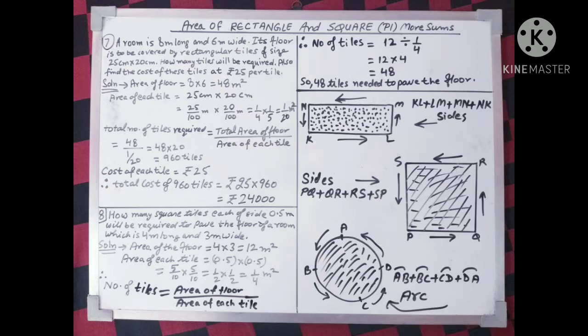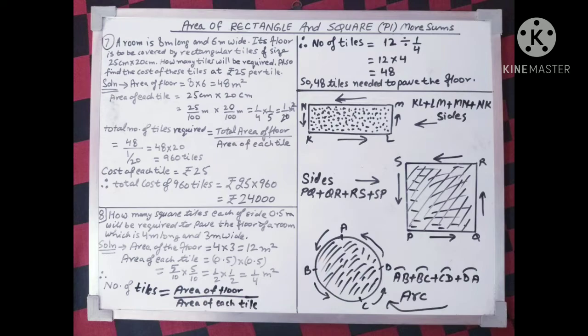So we get 48 into 20, which gives us 960. So total tiles required will be 960 and cost of one tile is rupees 25. So finally the cost of 960 tiles will be rupees 960 into 25, which will give us rupees 24,000. Right?